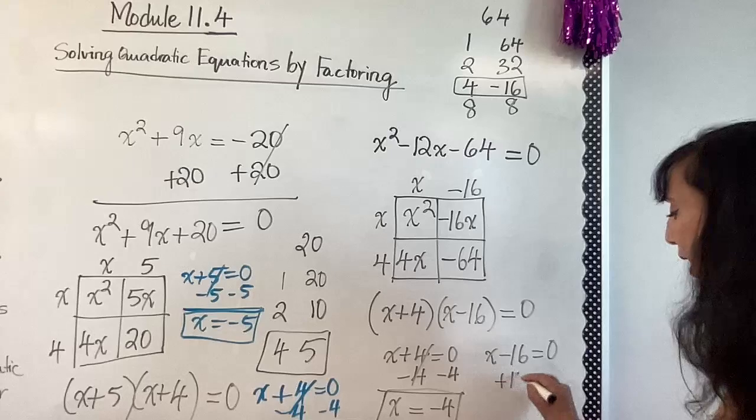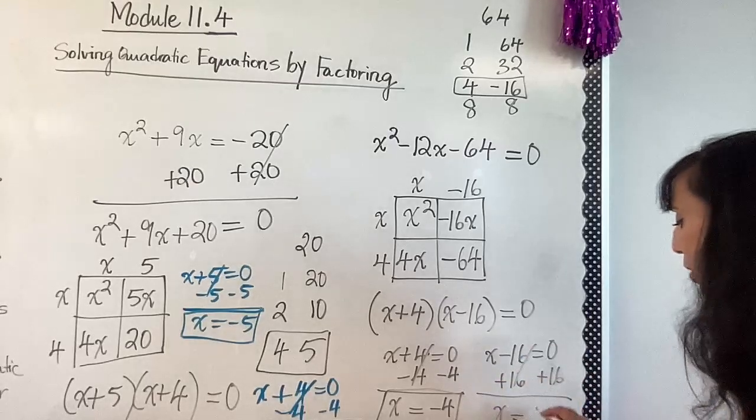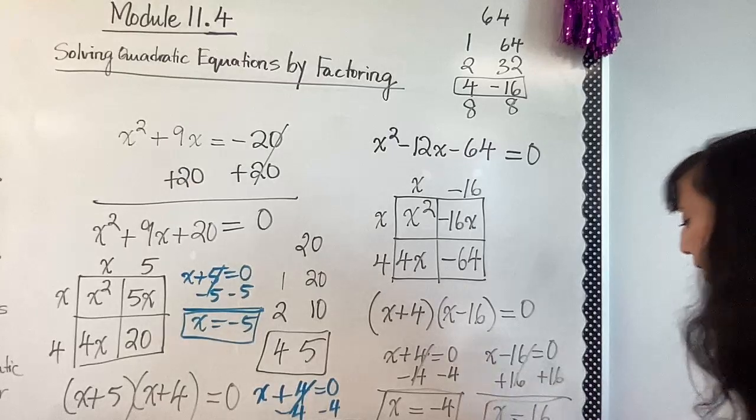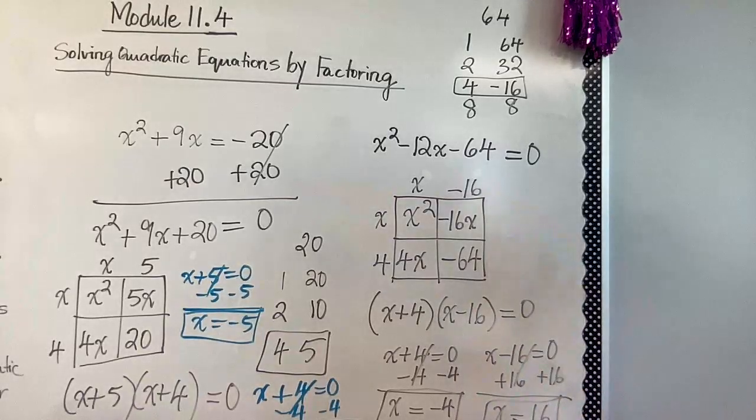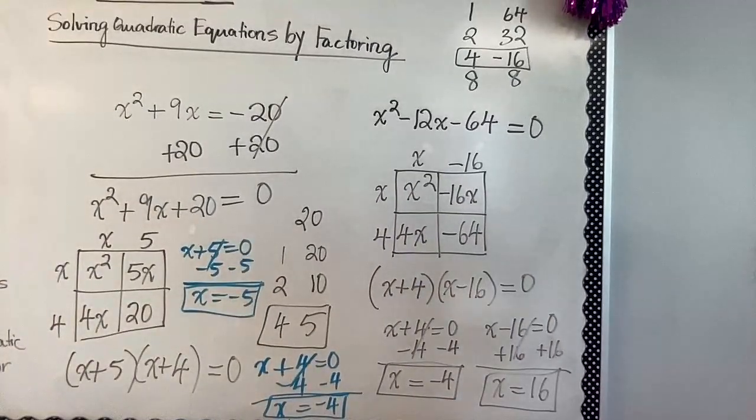And here I'm going to add 16 to both sides. So x is equal to 16. And that is my second solution. So x is equal to negative 4 and x is equal to 16. Okay, and this is how we solve by factoring.